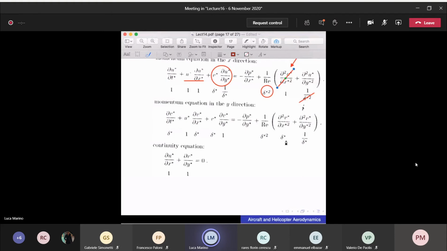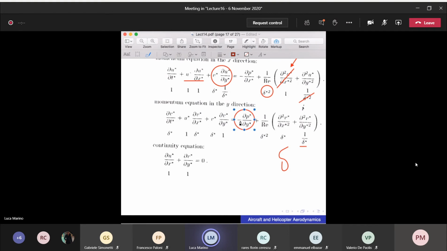So if we multiply these terms, we have delta, delta, delta, 1 over delta, delta cubed, delta. So for delta small, the unique term that will survive is this one.